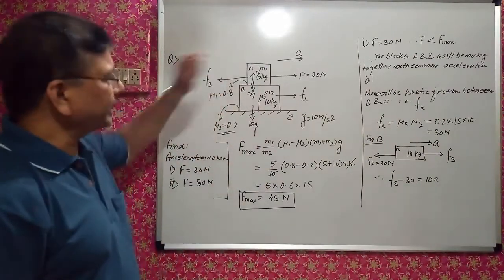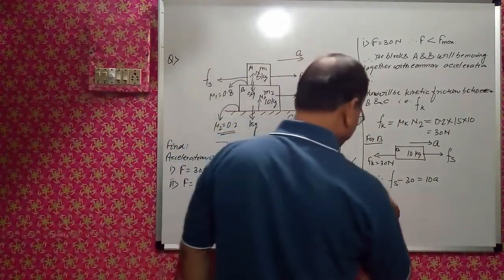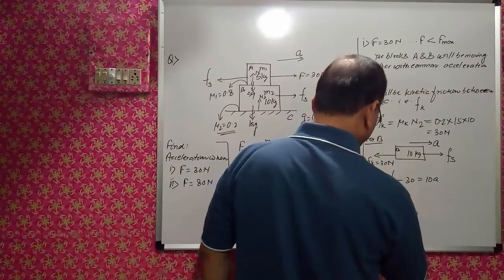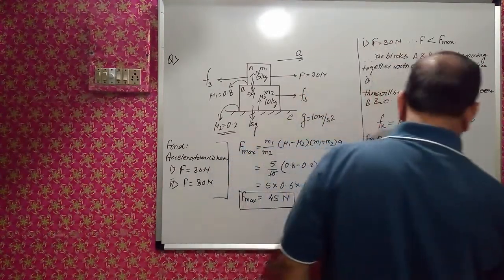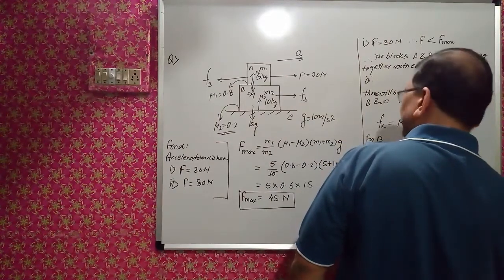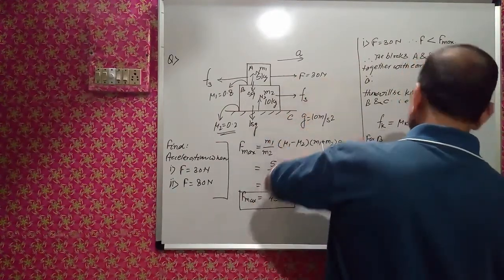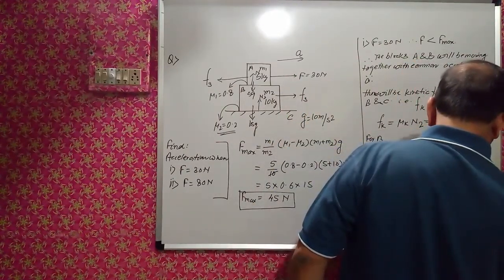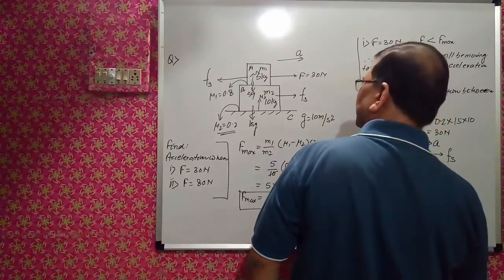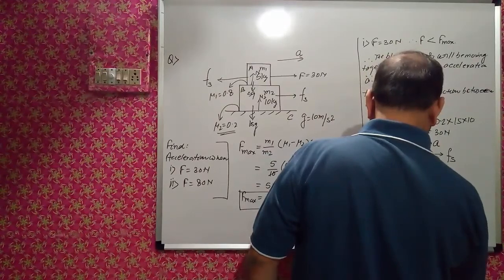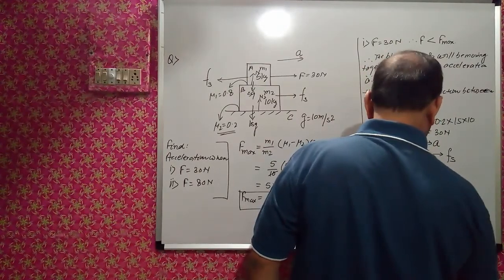Now for block A, if you are making FBD of A, so here force is acting how much? 30 Newton, and backward force is Fs, right?